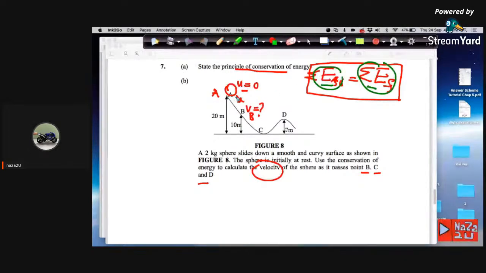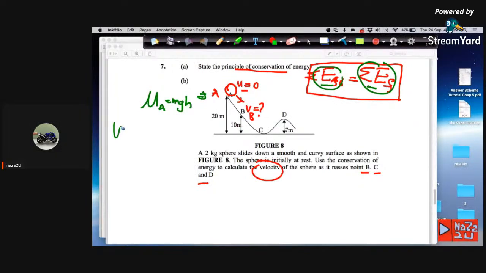So energy awal kita cuma ada potential energy kerana tak bergerak. So di sini pada titik A ni kita rujuk kepada U at the point A is mgh. Tetapi bila dia bergerak ke titik B, dia ada apa?